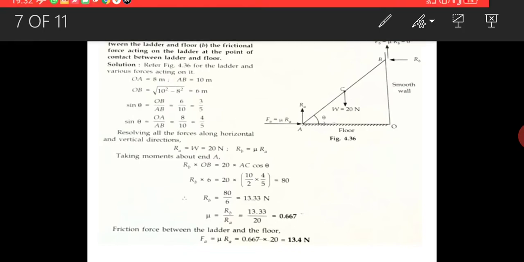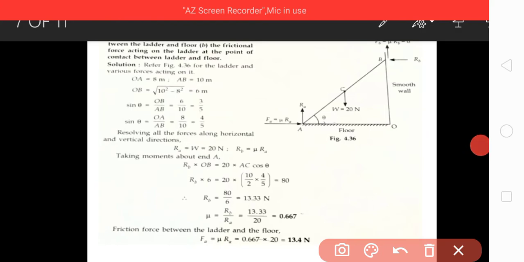Since this wall is smooth, mu B RB will be 0.